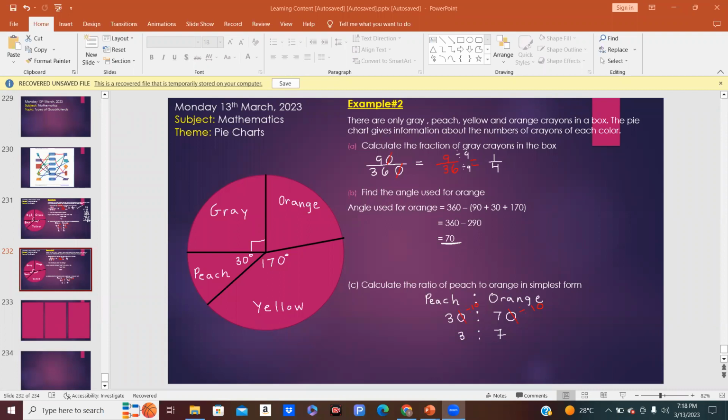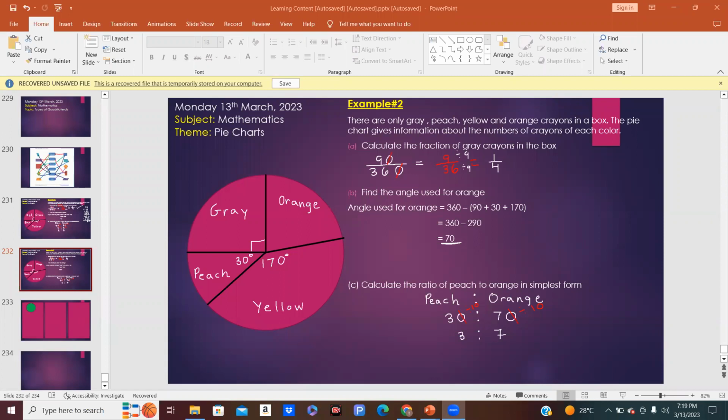After that, we cross out the zeros from the 90 and the 360, and we get 9 over 36, which when you divide by 9 gives you 1/4. For B, they ask you to find the angle used for orange. We do 360 minus 90 plus 30 plus 170, since that's all the remaining angles. That gives you 290. So you do 360 minus 290, which gives you 70.